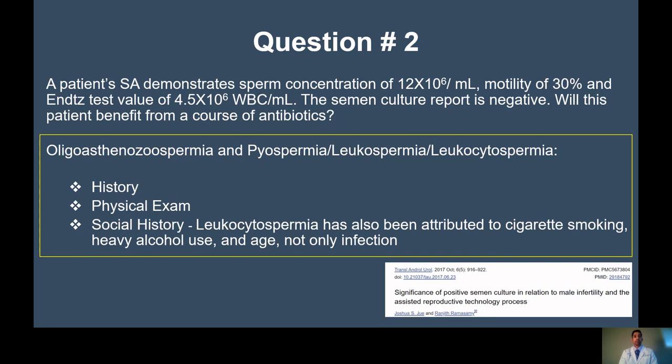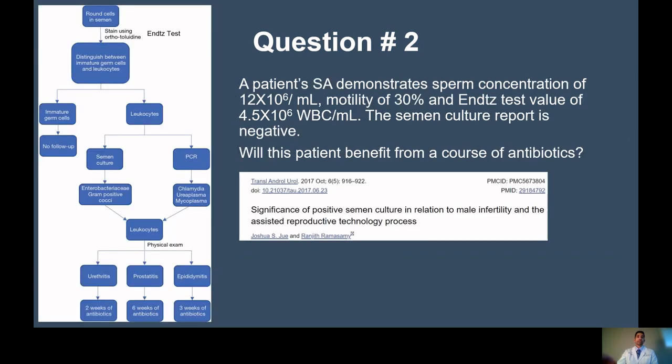The reason this is important is because Leukocytospermia has also been found to be caused due to cigarette smoking, heavy alcohol use, advanced age, and not just infection. So here we have an algorithm where we break down the testing required in this patient.